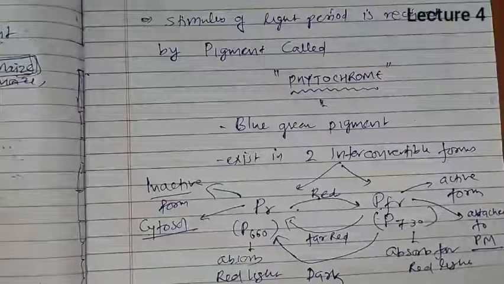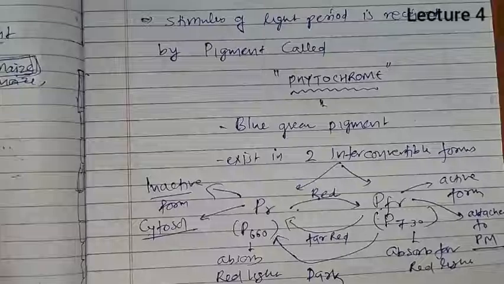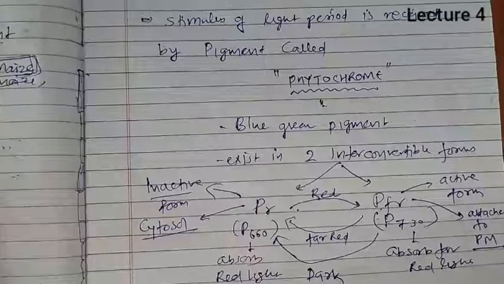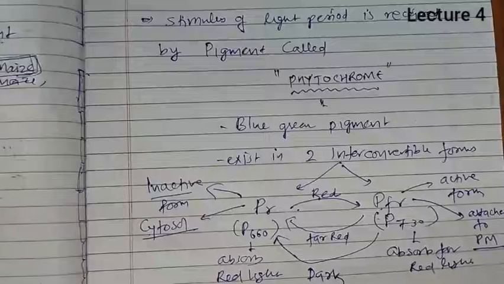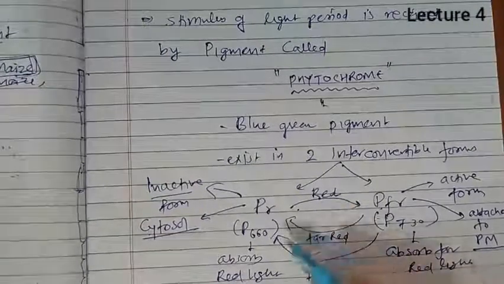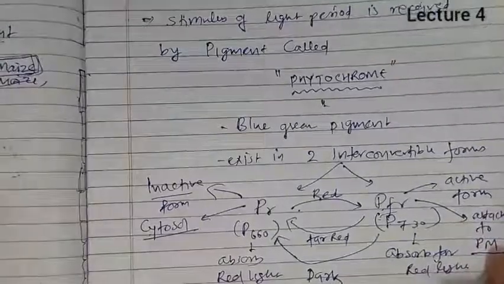So when we talk about this PFR and PR, when dark period is there, the PR is going to accumulate, and when light period is there, PFR is going to accumulate.